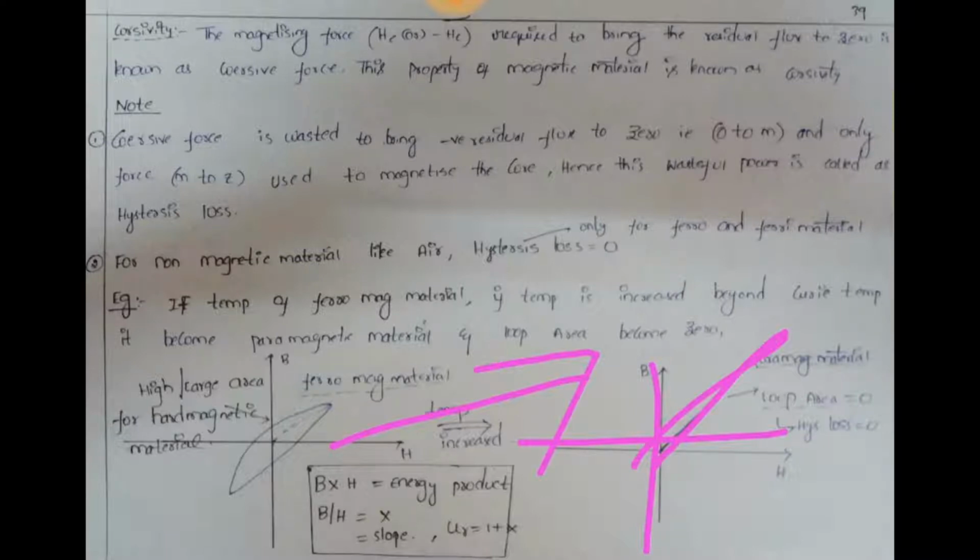So if an interviewer or examination asks, if the temperature of a transformer core is increased, what will happen? One of the answers is that hysteresis losses are going to reduce, because the material changes from ferromagnetic to paramagnetic material, and in paramagnetic material hysteresis loss is 0. So this curve tends to linear.